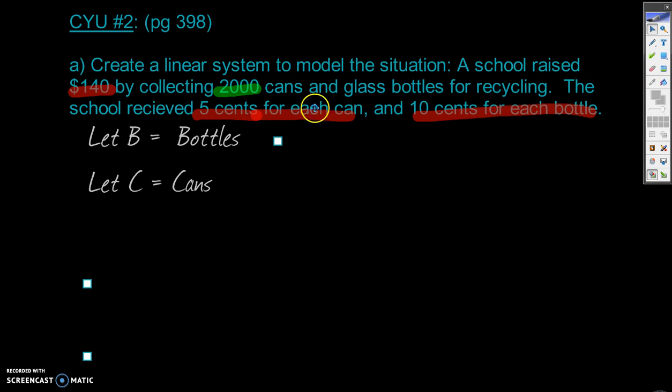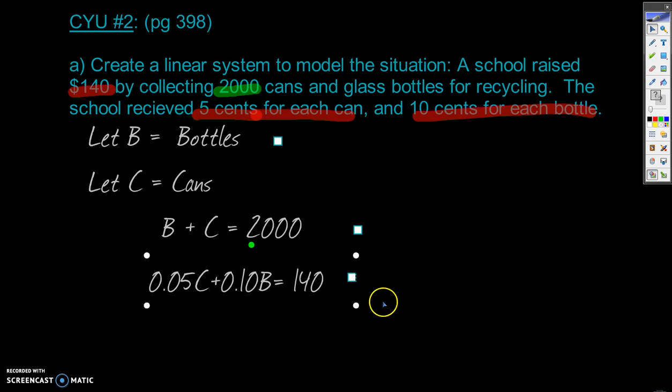So if we look at this, we have 2,000 items that are collected, 2,000 cans and glass bottles. So B plus C equals 2,000. And then, if we want to talk about the cent value, 0.05 C plus 0.10 B equals 140. 5 cents a can, 10 cents a bottle.